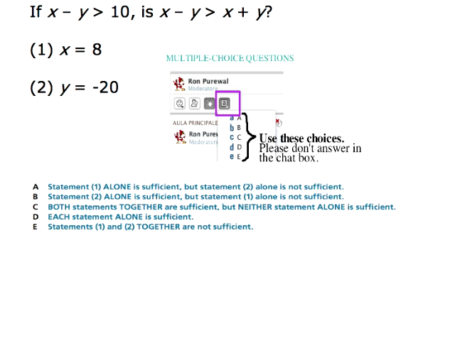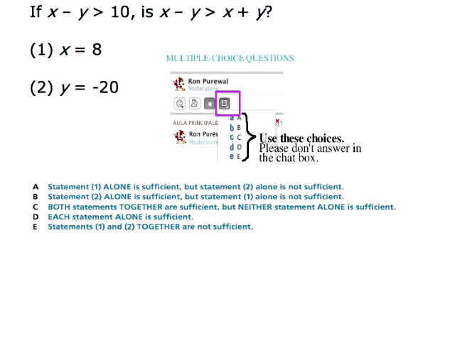Give you a little bit to do this one. Okay, let's try to wrap this up pretty soon. Remember, this is an exam where you cannot not answer the questions.